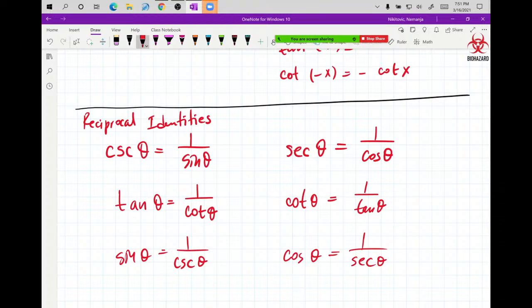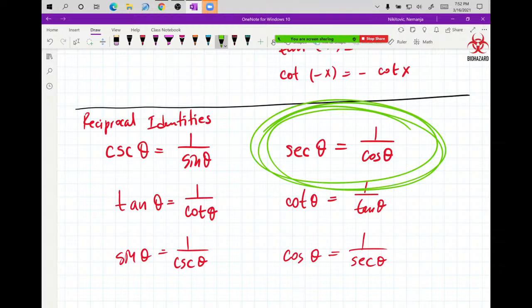Now, you can prove these very easily by just using your definitions from our last class. Let's focus on, let's say, this one here, where we say secant theta is equal to 1 over cosine theta. So cosine is adjacent over hypotenuse, and the secant is hypotenuse over adjacent. So they're flips of each other.